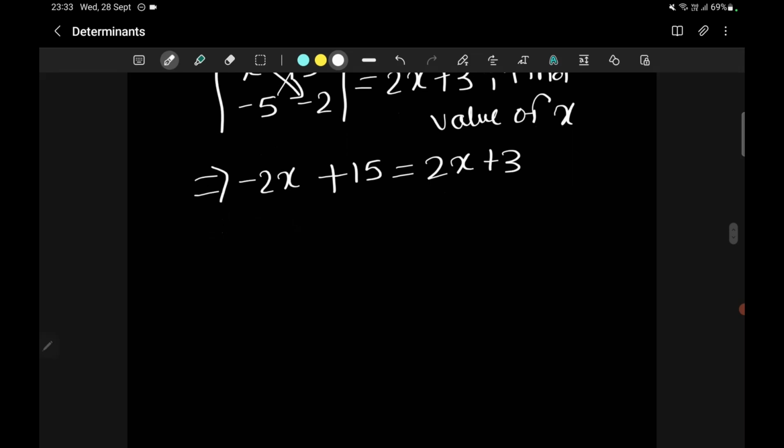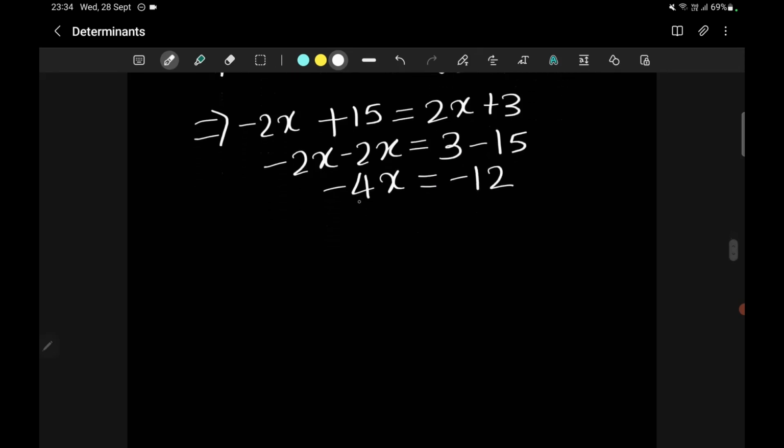Now let's take all the x terms to the LHS and all the numeric values to the right. Therefore minus 2x, and if this 2x comes this side, it will become minus 2x. 3 remains as it is, then minus 15. Minus 2x minus 2x is minus 4x. 3 minus 15 is minus 12.